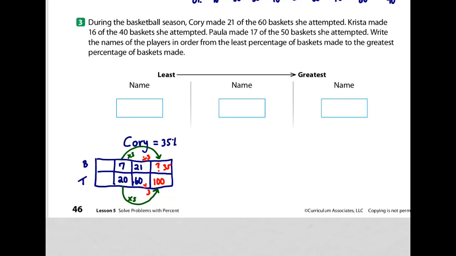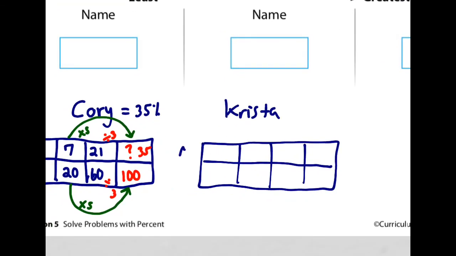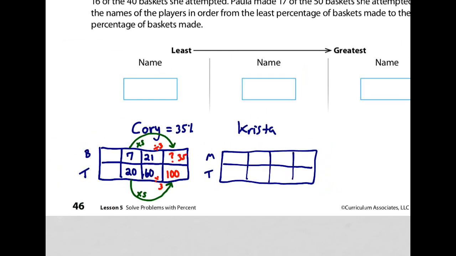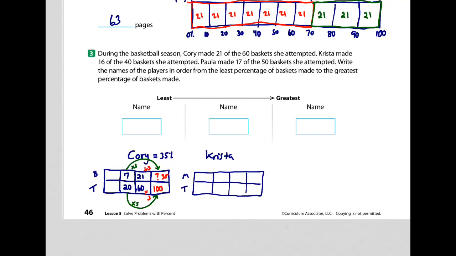Okay, so she made 35% of her baskets. So let's go on to Krista. So Krista, I'm going to do another ratio table here. All right, so the top are going to be the ones made, and the bottom are going to be out of the total. So remember, again, I need to figure out what it is out of 100 baskets. That's the key to getting the percent.